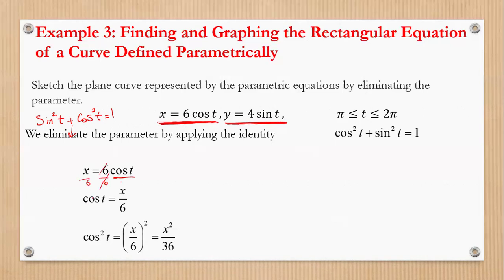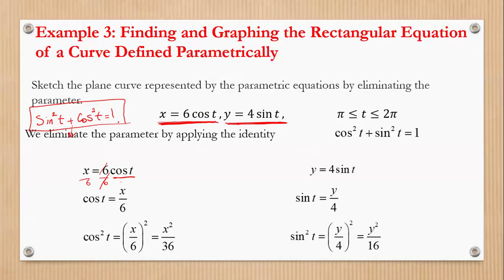Now we say that the cosine of t must be equal to x over 6, but since in this identity I need cosine squared, I square both sides and I get cosine squared, which is equal to x squared over 36. We do the same for sine from the second equation. We isolate the sine by dividing both sides by 4, and then square both sides, and we get sine squared, which is equal to y squared over 16.